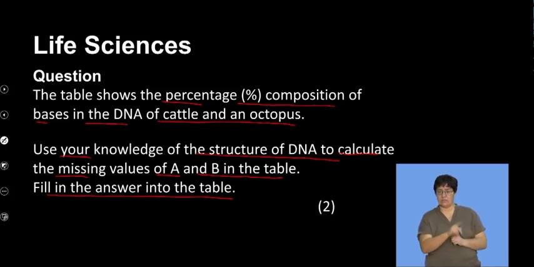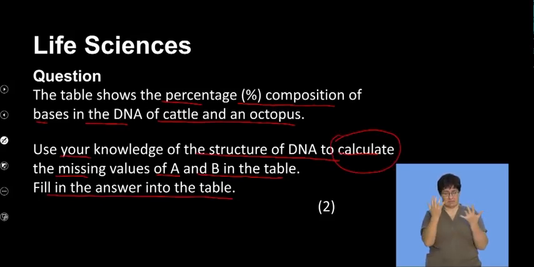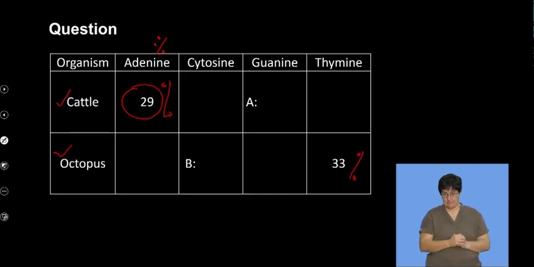Use your knowledge of the structure of DNA to calculate the missing values of A and B in the table. Now guys, it's important that the question points us to using the structure of DNA to calculate. What's important for us is that in this table adenine has been given to us.